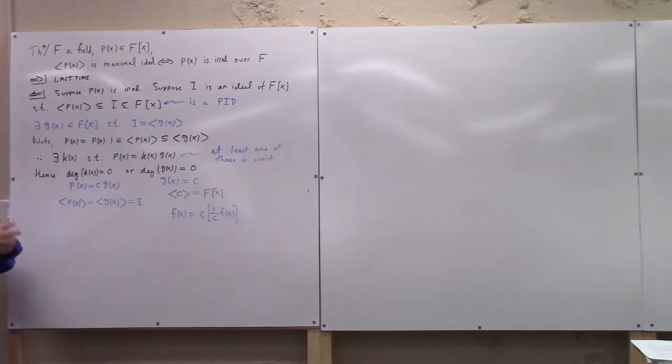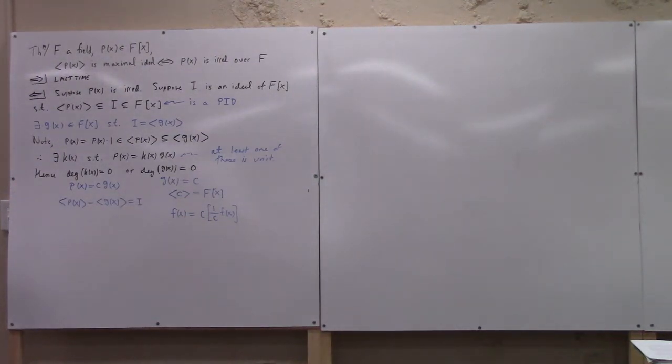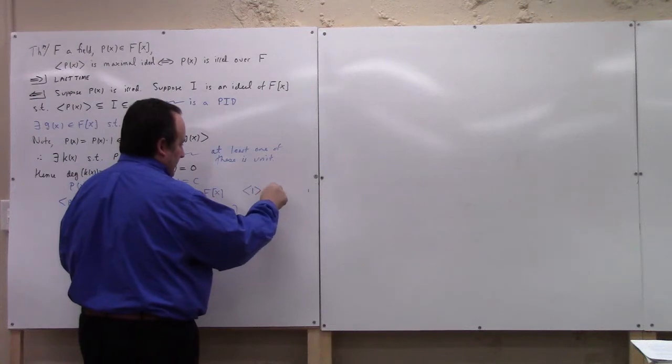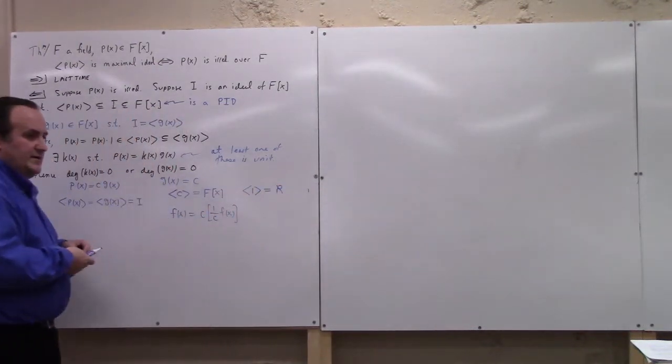So you can obtain any polynomial as a multiple of a constant. A constant is a unit, so if you generate an ideal with a unit, you end up getting the whole ring again. Oftentimes we see this as: if you have the ideal generated by 1, you get the whole ring R. We're dealing with ring R. But anyway, so that's it.